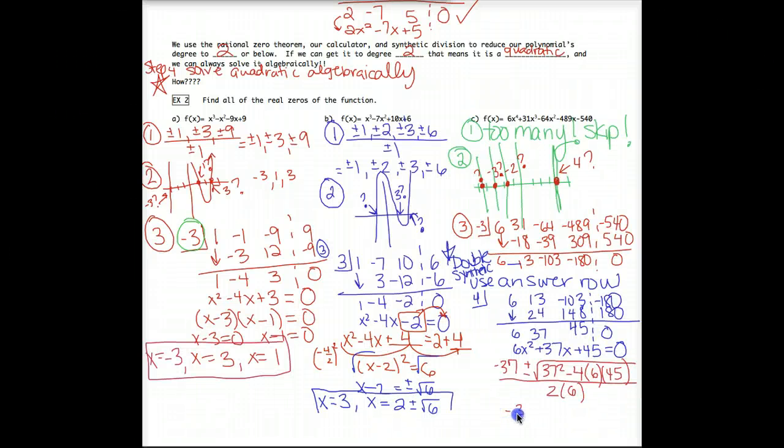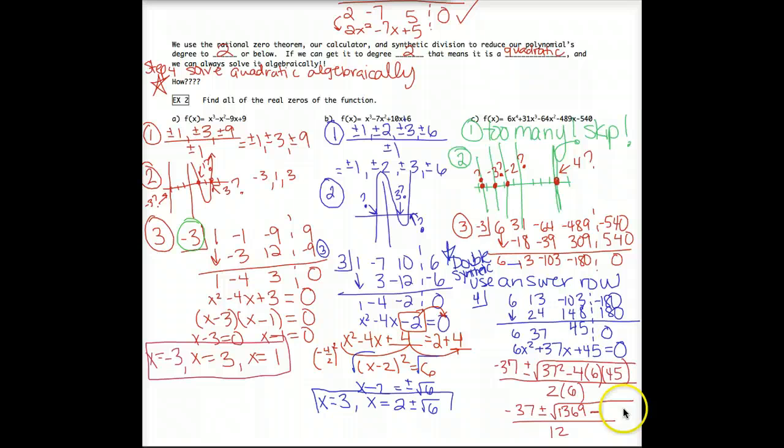So when I go to simplify, obviously the bottom here is 12. 37 squared, I don't know that off the top of my head, but if I use my calculator to help me out, it's 1,369. I know it's going to be a minus because there's only one negative, so do 4 times 6 times 45.